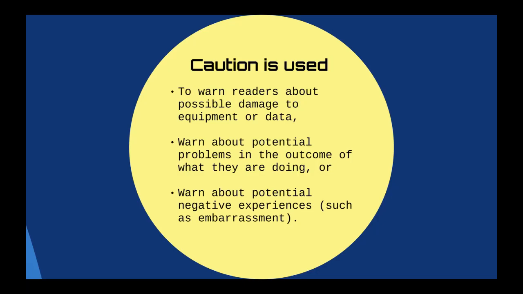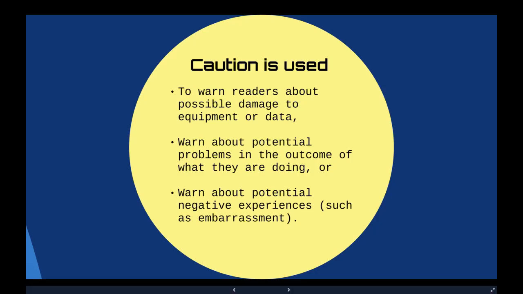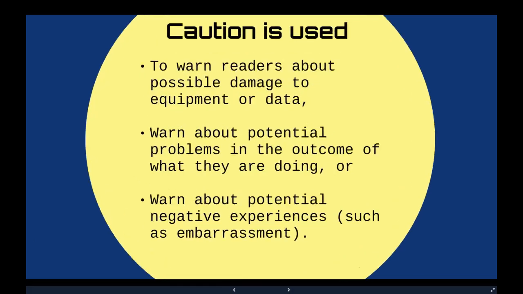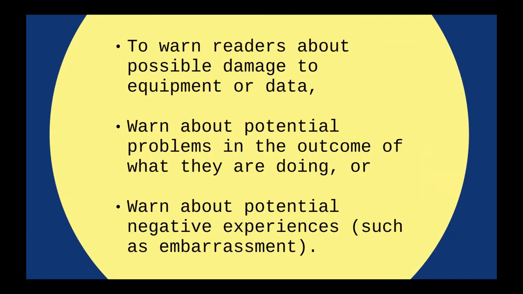To warn readers about potential problems in the outcome of what they are doing, or warn about potential negative experiences that they might have. And so this has to do with the equipment itself and the possibility of there being damage to the equipment in one way or the other.